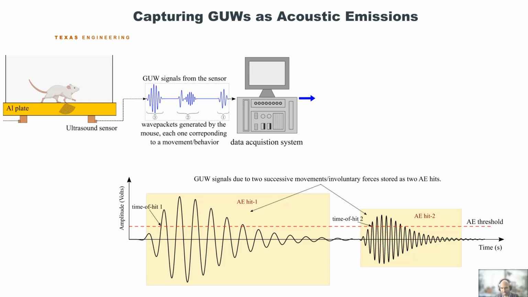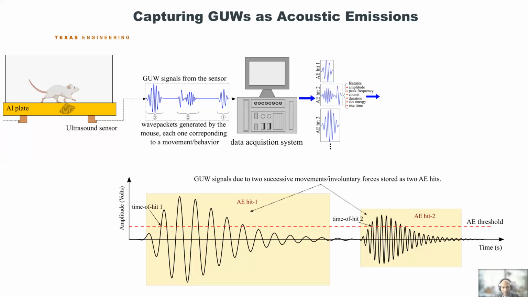So basically, it takes this continuous waveform and discretizes each wave packet into a separate discrete quantity, which is called an AE hit, an acoustic emission hit.